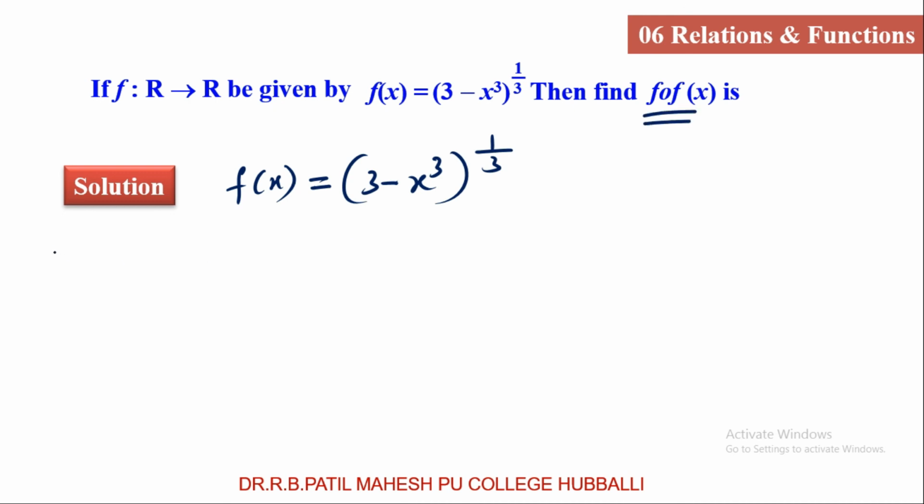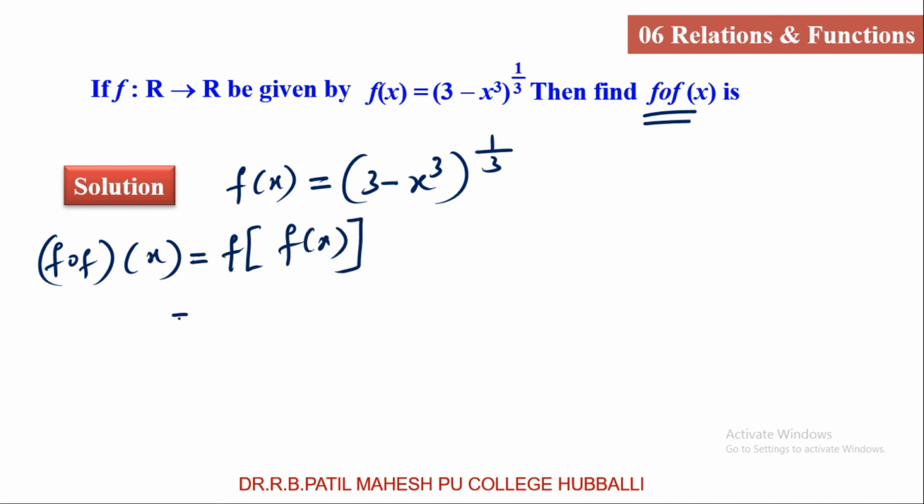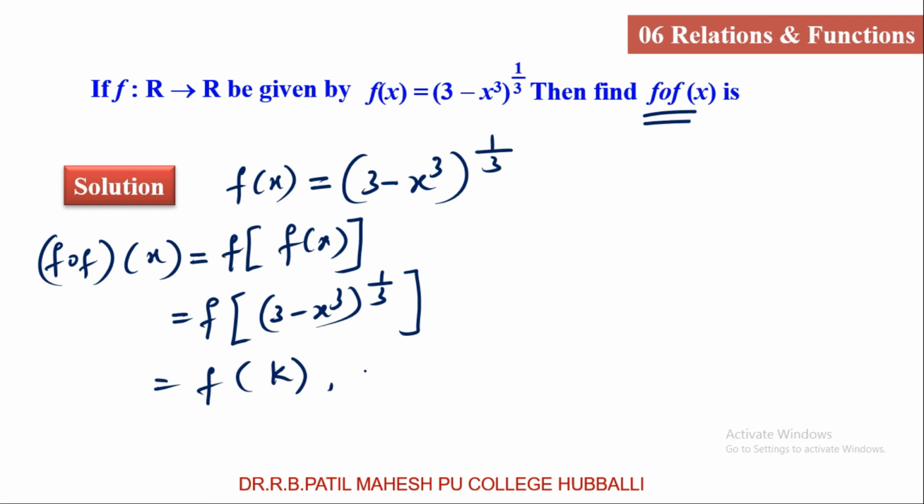Very important example. f composition f of x is equal to, remove the small circle, f of f of x. Very simple, just replace the first f of x with (3 minus x cube) to the power 1 by 3. Now to make it simple, take it as k, where k is (3 minus x cube) to the power 1 by 3.